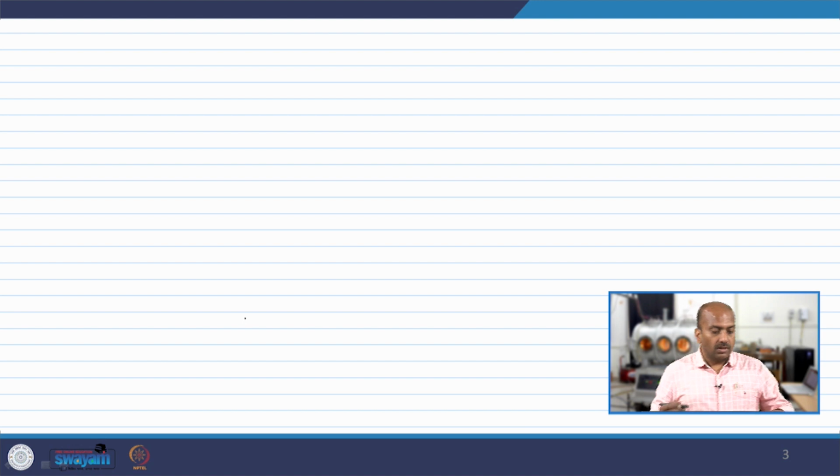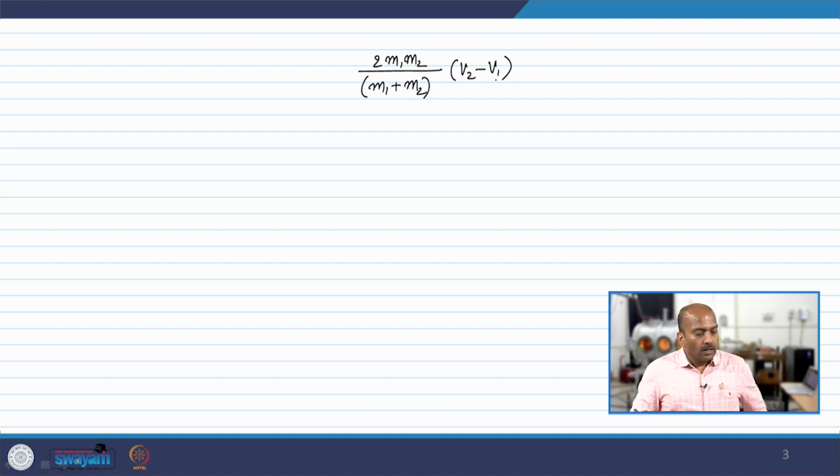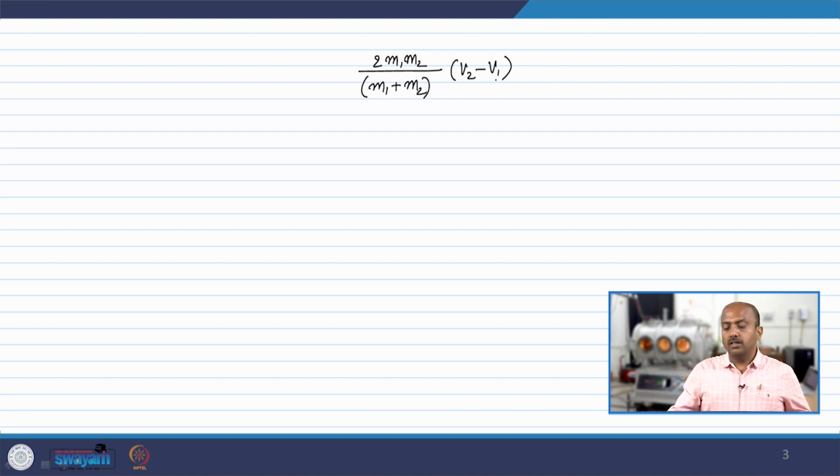The momentum that would be transferred or gained would be 2 m1 m2 by m1 plus m2 times v2 minus v1. So, for head on collisions, the particles in group 1 will gain this much momentum by the collisions. Now assume that the collisions are happening at a frequency, let us say, nu.